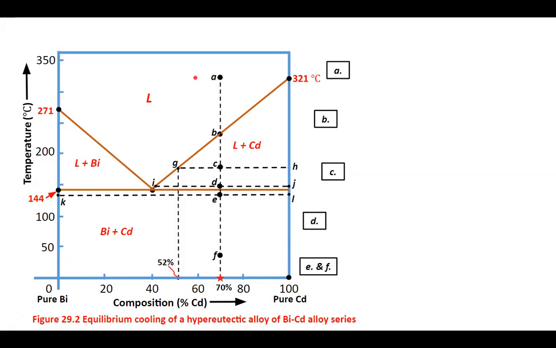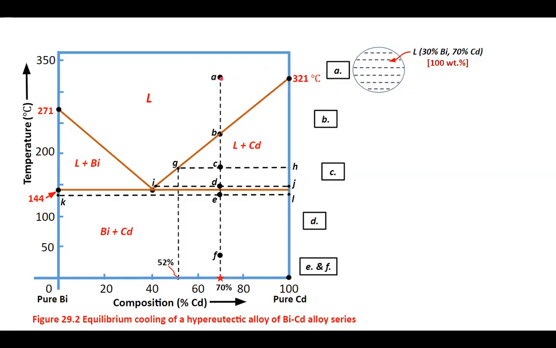So the microstructure corresponding to point A at temperature TA would be as shown in this schematic, and we have only one phase present in the system, liquid solution with chemical composition 70% cadmium. Since this is the only phase, this is 100% by weight.